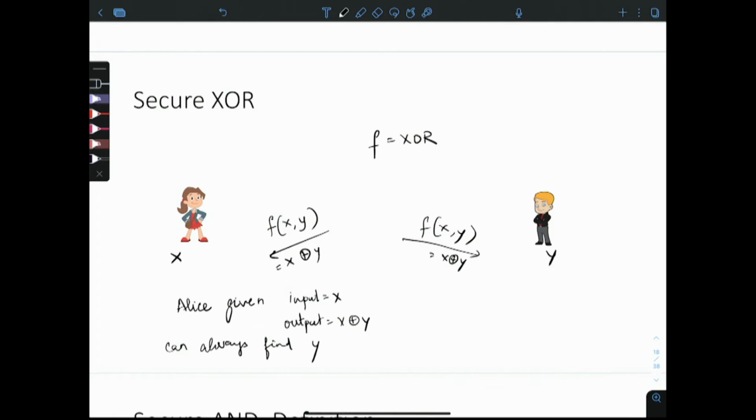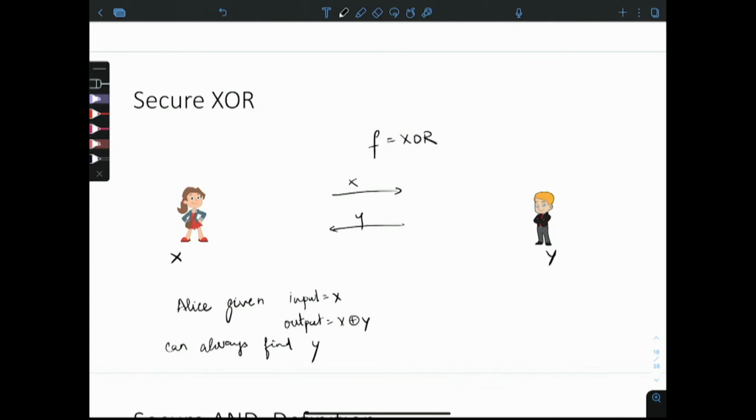You simply XOR the input and the output together. So in the special case of XOR, a very secure protocol to compute XOR against the weaker class of semi-honest adversaries that behave according to protocol is for Alice to send X to Bob and Bob to send Y to Alice, because they were going to learn that from the output anyway. So it's okay to just send your input across to the other party.